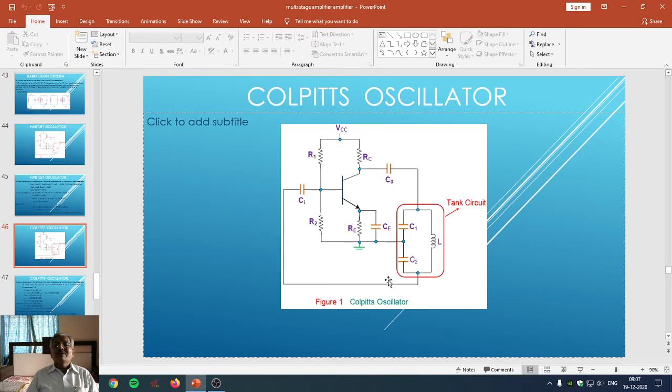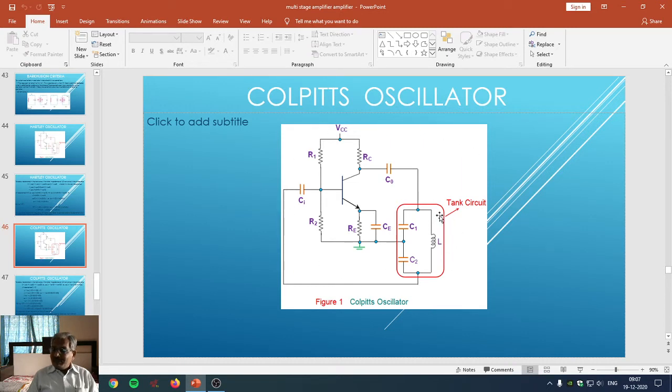Friends, the BJT in common emitter configuration provides a 180-degree phase shift between the output and the input, whereas this tank circuit produces a phase shift of 180 degrees. If this 180-degree phase shift is added back to the input, the net phase shift becomes 360 degrees.